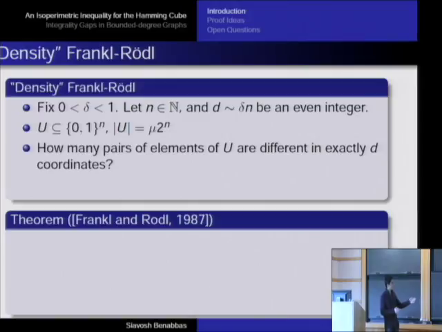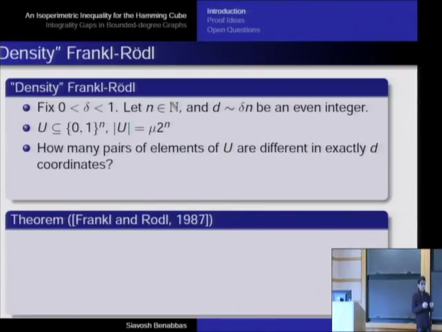So here is, for example, a way to show that there are many pairs, for some notion of many. You could say that this set U is a constant density set, so I can break it into U1, U2, U3, all of which are just slightly bigger than the bound that Frankl and Rodl have. And that would mean that inside each of these U1, U2, U3, you will have at least one edge.